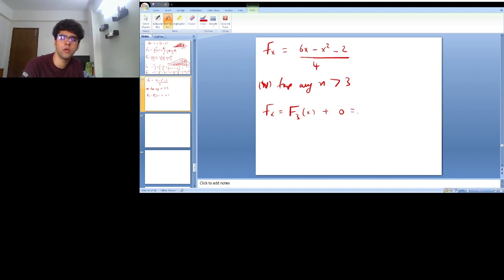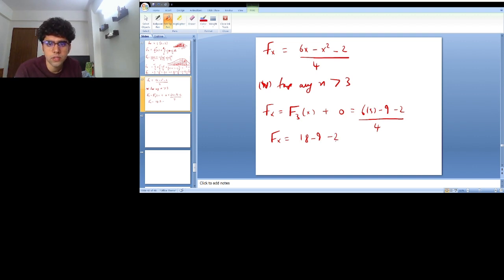So if I substitute 3 in the above expression, I'll be getting 6 into 3 minus the square of 3, which is 9, minus 2, divided by 4. So f(x) becomes 18 minus 9 minus 2 divided by 4. Or do I have a PDF here? Let me just check if I have a PDF here. No, I don't have a PDF here.